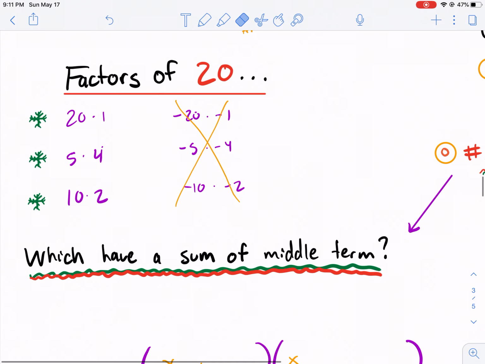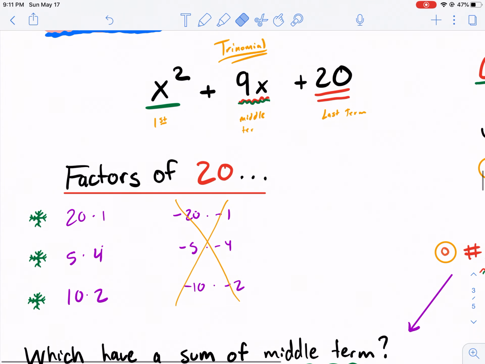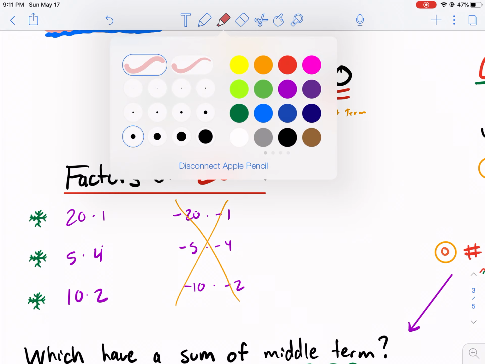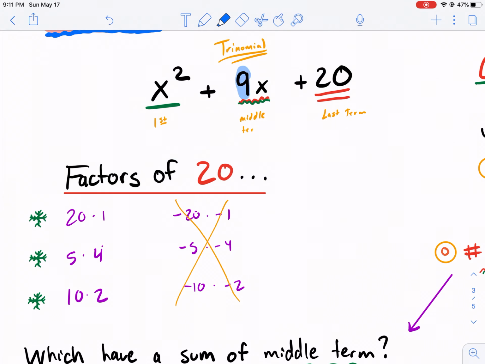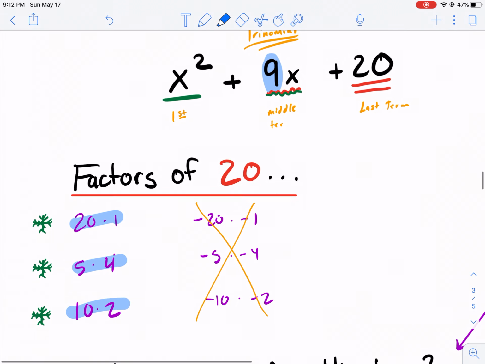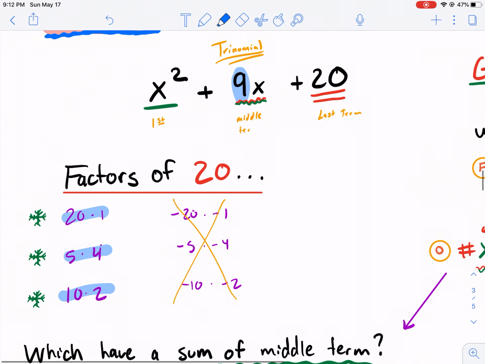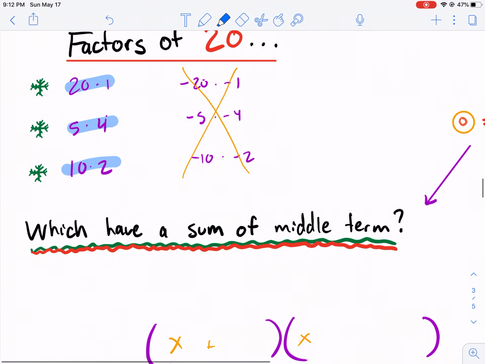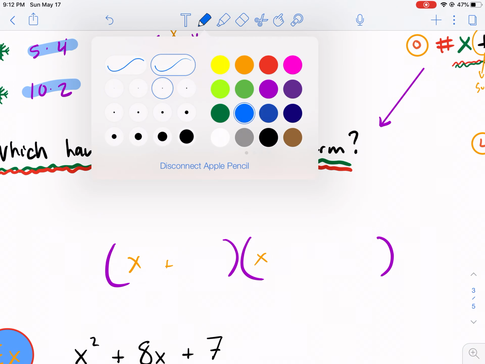So essentially the easiest thing to think of is which of these factors add up to 9? Is 20 plus 1 9? No. Is 10 plus 2 9? No. But 5 plus 4 is 9, so we're going to put 5 and 4.